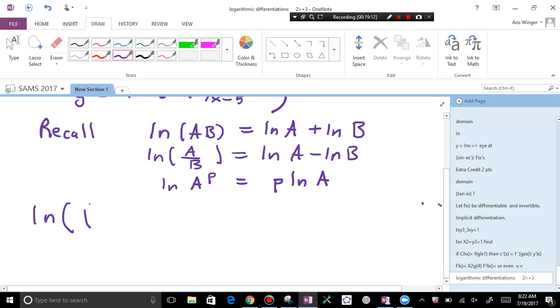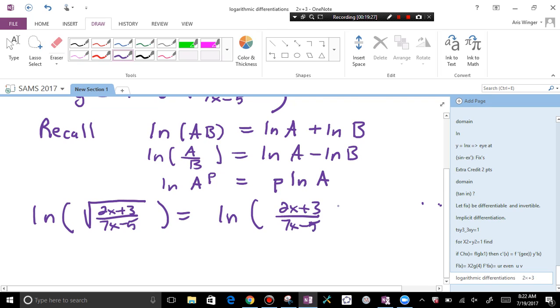The natural log of the square root of (2x plus 3 over 7x minus 5) is equal to the natural log of (2x plus 3 over 7x minus 5) all to the 1/2 power. Notice we aren't doing any derivatives yet, this is all simplifying. We can label these rule 1, rule 2, and rule 3.